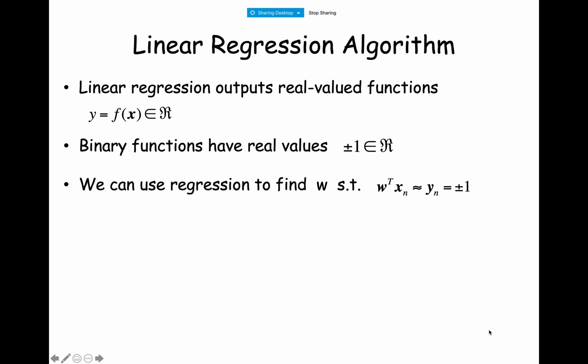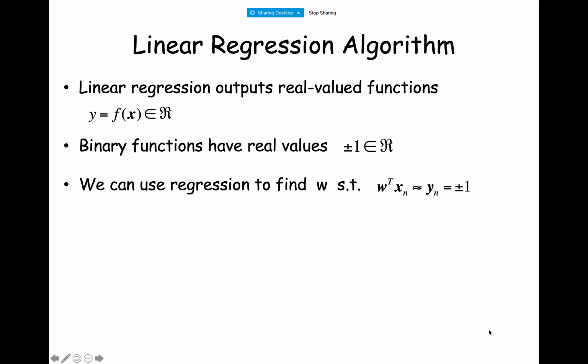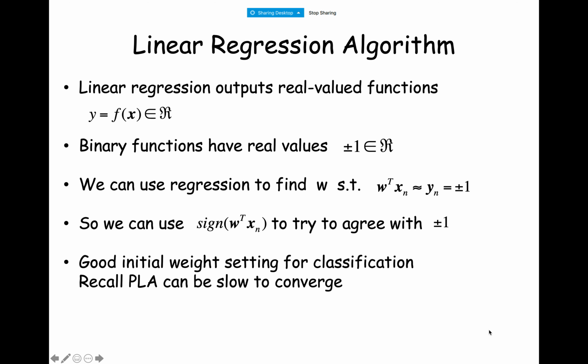That makes sense? Will it be a good classifier? Absolutely not. It won't be the best classifier you can choose, but the beauty about this is that it's really trivial to solve the pseudo inverse instead of searching 10,000 rounds for PLA, right? So you could absolutely use regression to solve a classification problem.